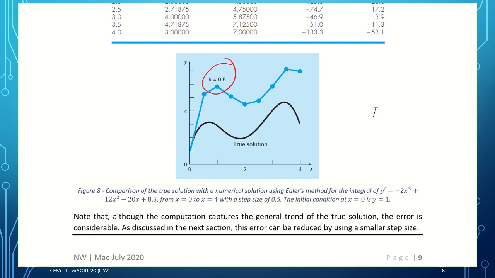Note that although the computation captures the general trend, like this, of the true solution, the error is still considerable. As discussed in the next section, this error can be reduced by using a smaller step size. So you need a smaller step size compared to 0.5.